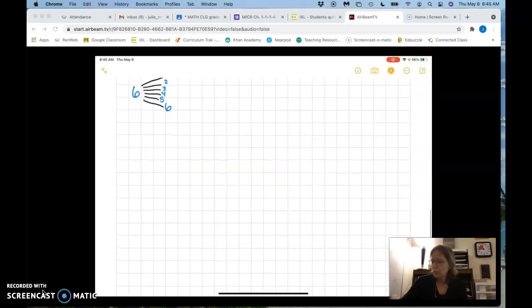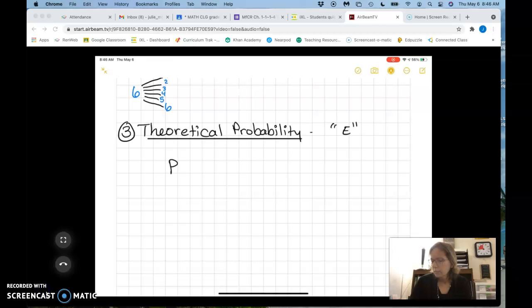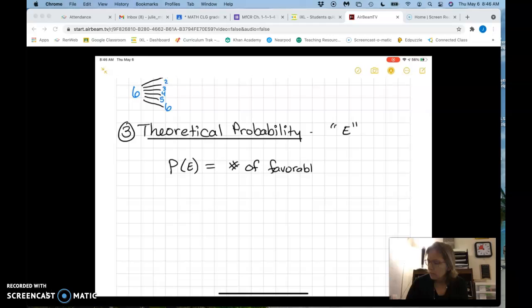So our next definition is theoretical probability. Okay, so theoretical probability is a formula. And this little sign here just means the probability of an event occurring is the number of favorable outcomes over the number of possible outcomes.